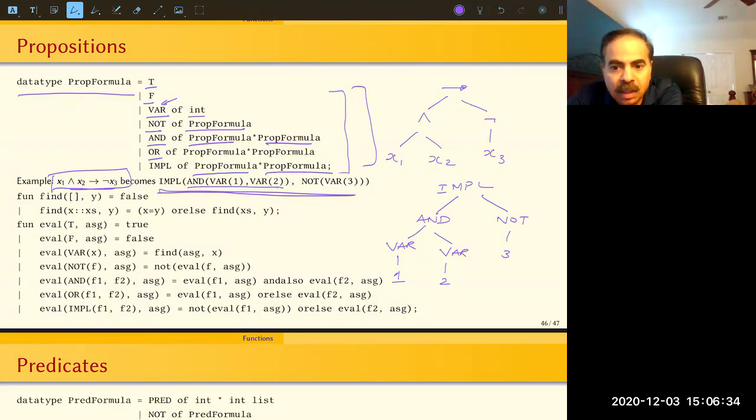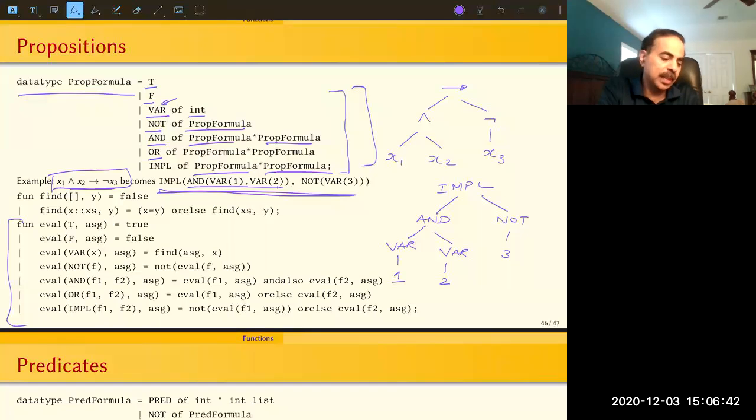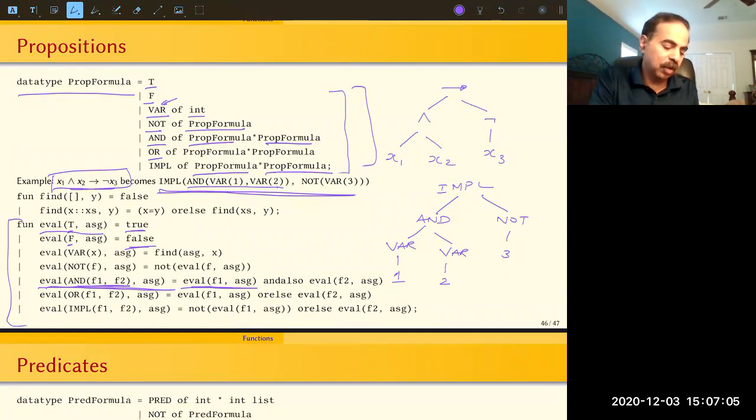And then the point is that if you have it represented in this form, then you can also start expressing what it means for a propositional formula to be true using another definition like this, which basically says that if you evaluate the formula true, the result is going to be true. If it's false, then the result is going to be false. And then let's take just one example. If you want to evaluate a conjunction of two formulas, then you first evaluate the first formula F1, and if it is true, and in addition, you evaluate F2, and F2 is also true, then the whole thing is true.